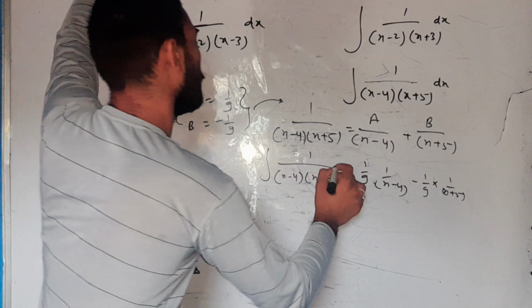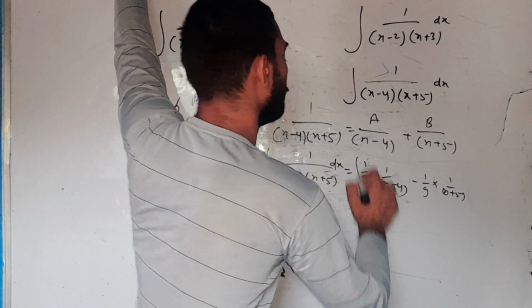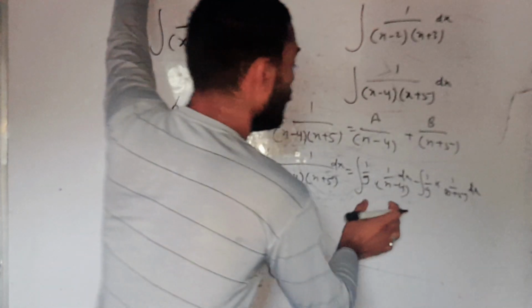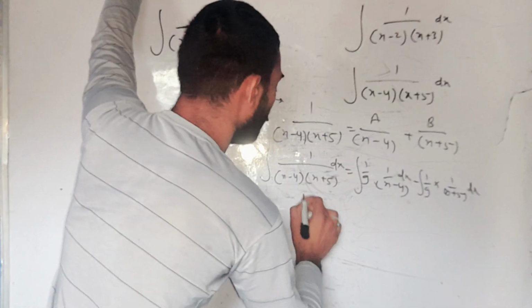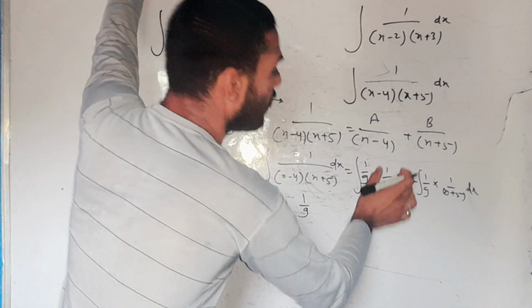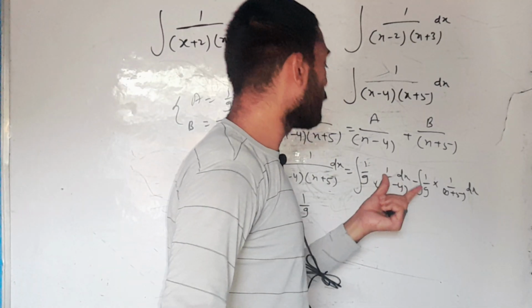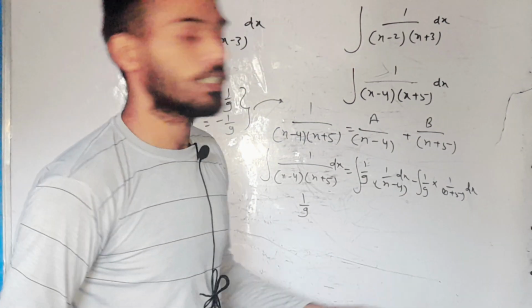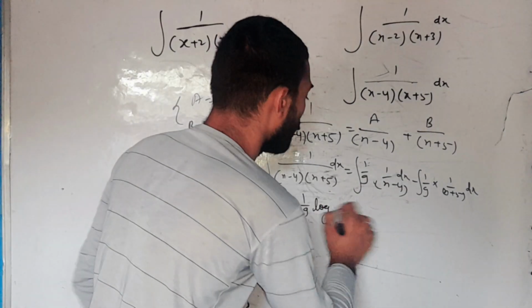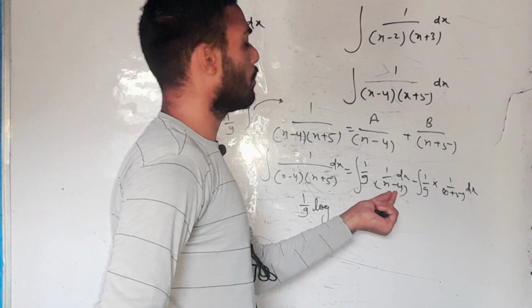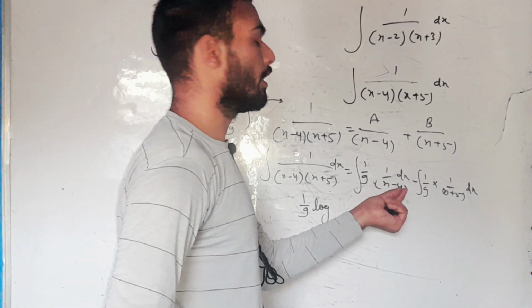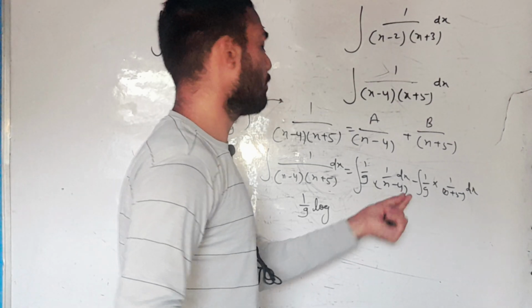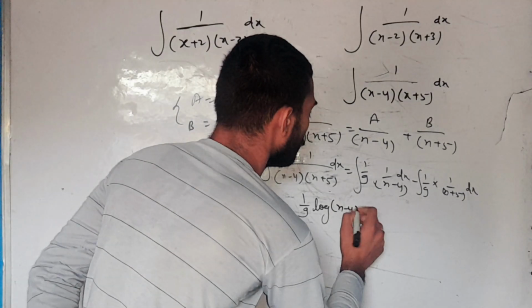Let's integrate this function. The term 1 by 9 is a constant, and the integration of 1 upon x minus 4 is log of (x minus 4).